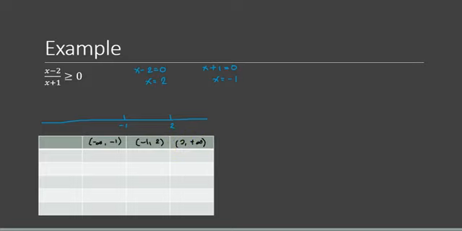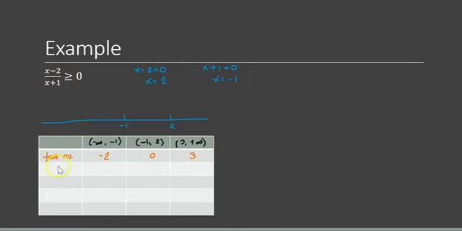So we pick a test number that is in each interval. In this particular interval, we can choose negative 2. We can choose any number. Okay, let's choose 0, and here 3. Now, we're just going to see if these numbers will satisfy the inequality.